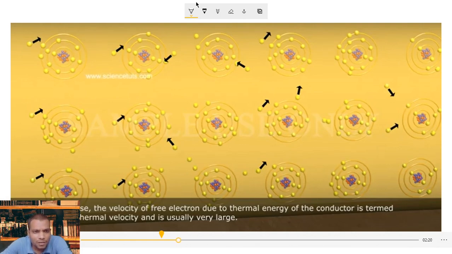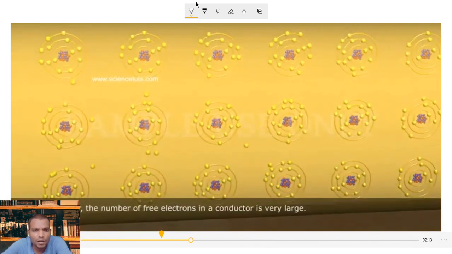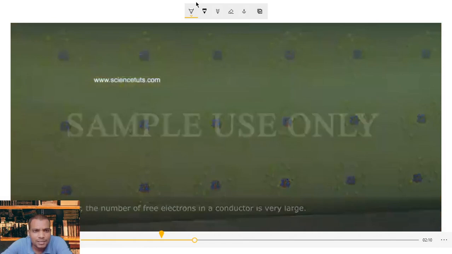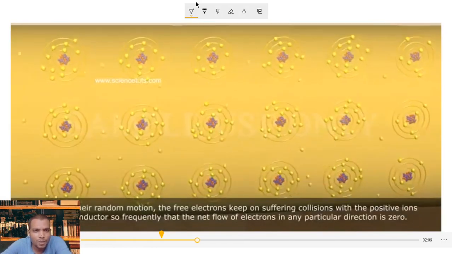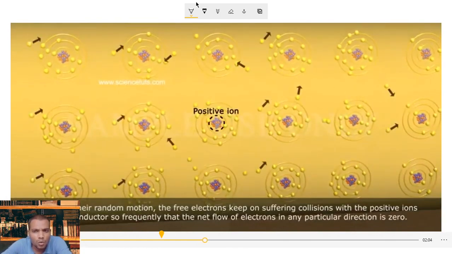This happens, and these electrons do not contribute any current. Not only that, the number of electrons is large in a conductor. Due to this random motion, the electrons suffer collisions with the positive ions in the conductor, so frequently the net flow of electrons in a particular direction is 0.